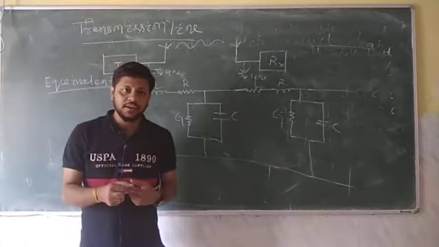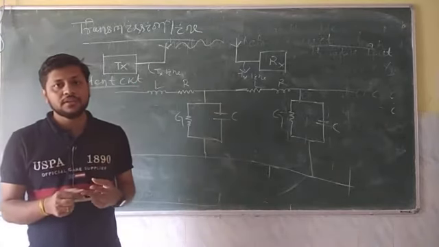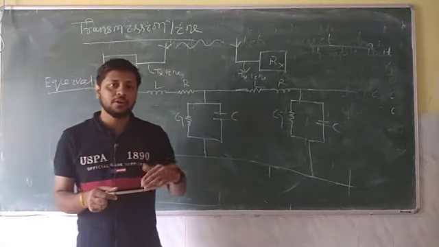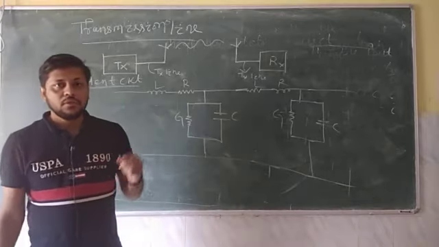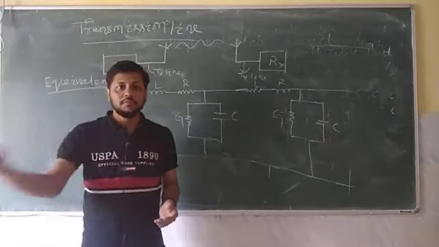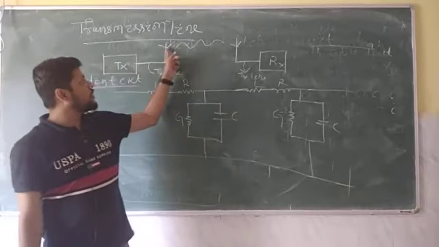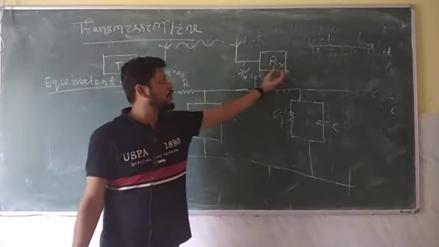Then the transmission line has two purposes. First, it carries power from transmitter to antenna and from antenna to receiver. Second, it is also an impedance matching circuit. Impedance matching, which we have already studied in circuit theory, your network theory subject. That is, whenever a source is delivering power to a load, here the source is your transmitter and the load is your antenna. In the receiving case, the source is your antenna and the load is your receiver.